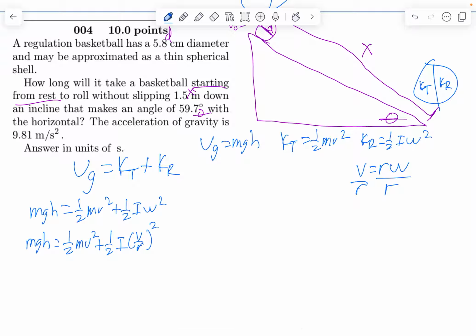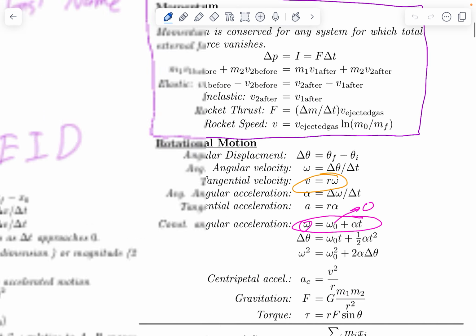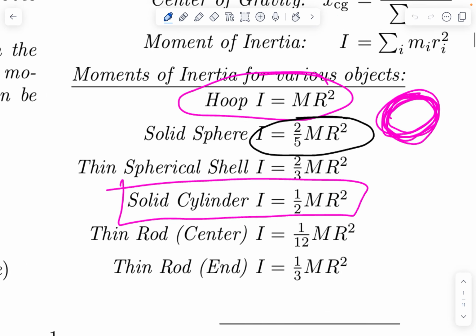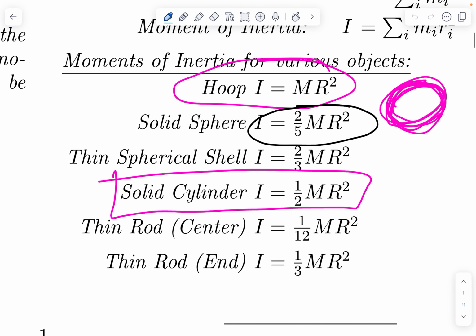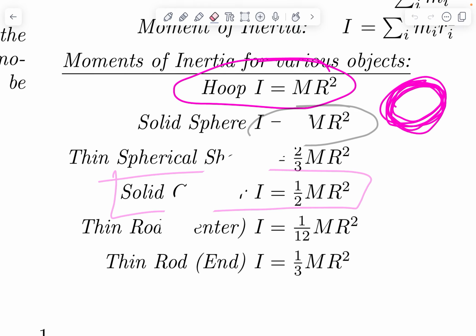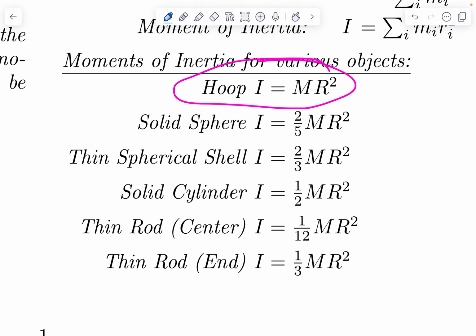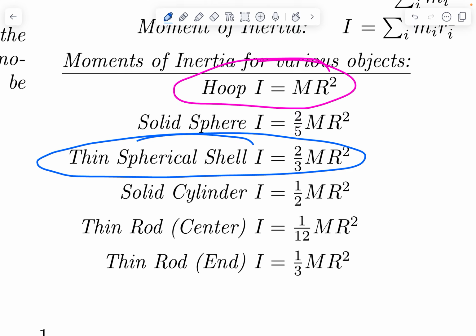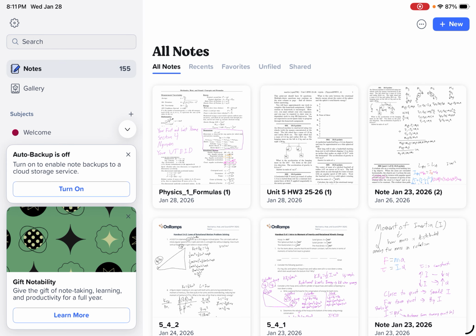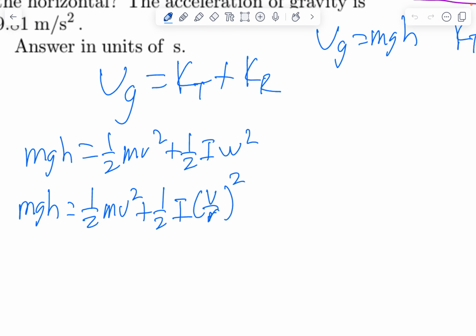Okay. And then I, it tells you to use your basketball as a thin spherical shell. So I for a thin spherical shell, not to be confused with a solid sphere. All right, sphere specific. Thin spherical shell is right here. So it's 2/3 mr squared. So instead of writing I will write 2/3 mr squared.